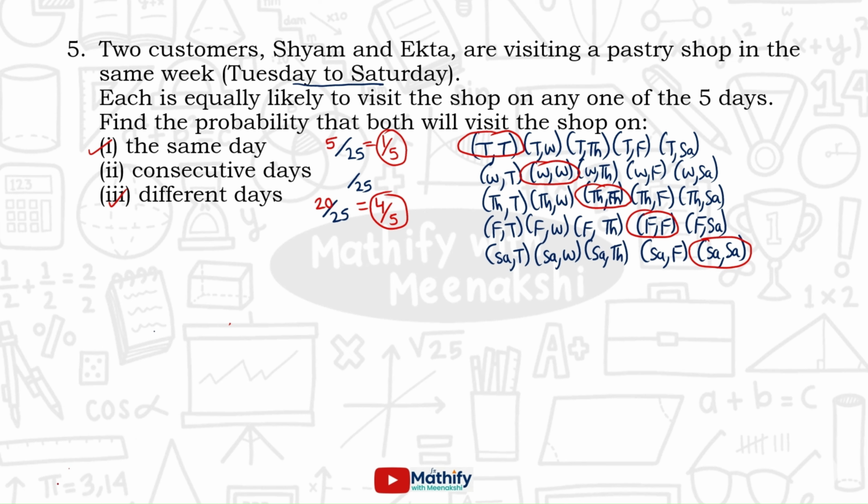Like if one goes on Tuesday, then another will go on Wednesday. So for that you will count Tuesday-Wednesday and Wednesday-Tuesday, both are consecutive. Then Wednesday-Thursday, Thursday-Wednesday, Thursday-Friday, Friday-Thursday, then Friday-Saturday and Saturday-Friday. So you have 8, and the answer is 8/25. Yes, let's move to the next question.